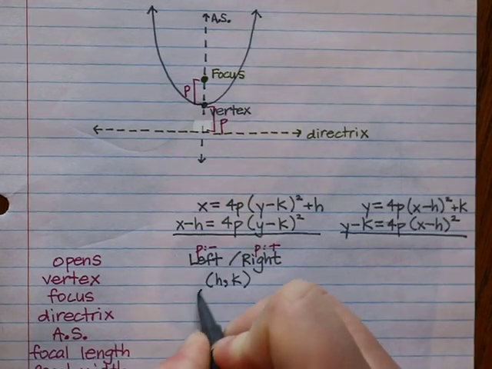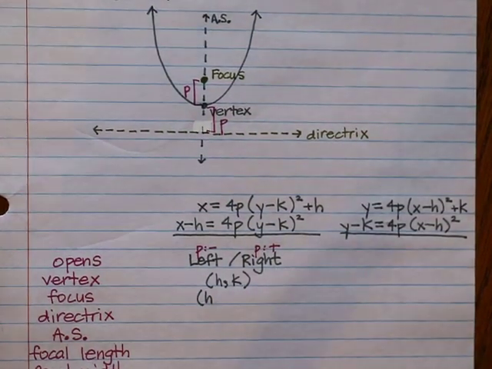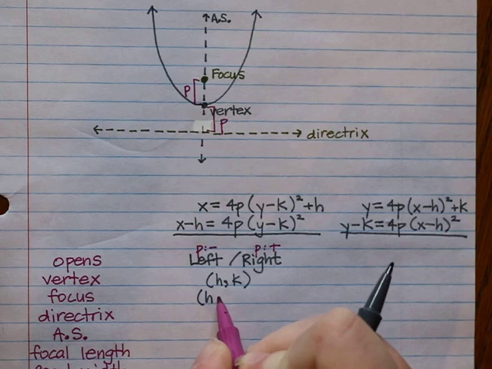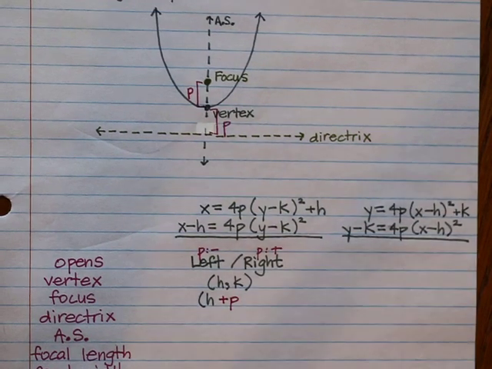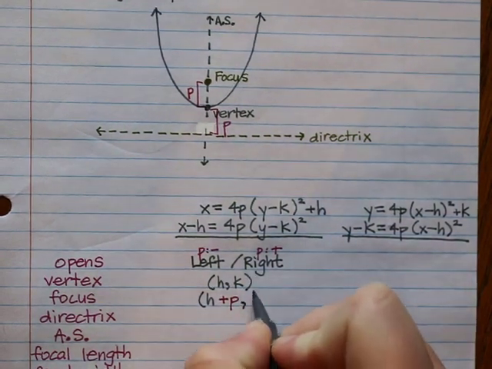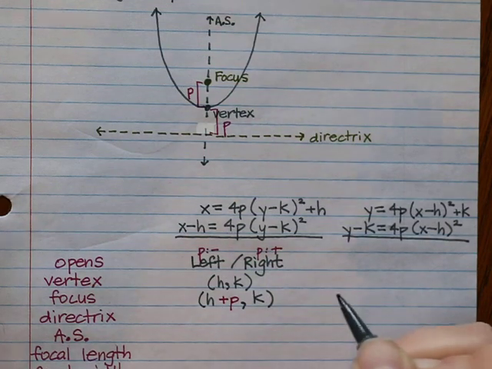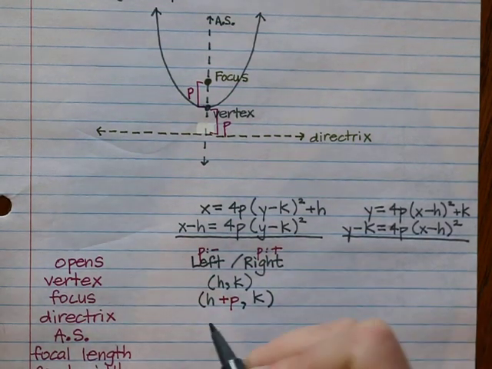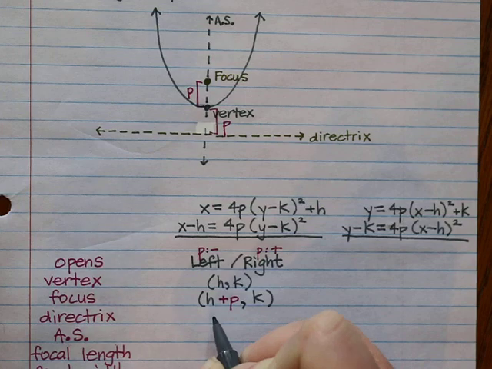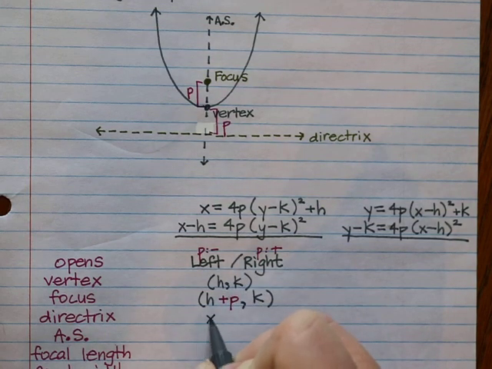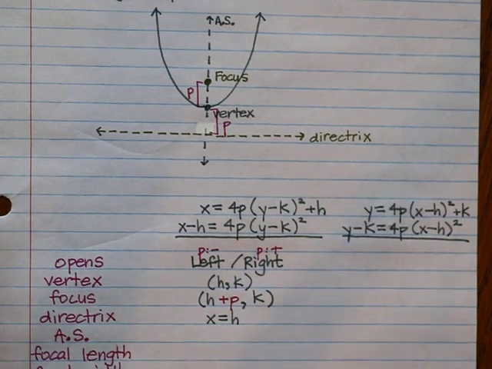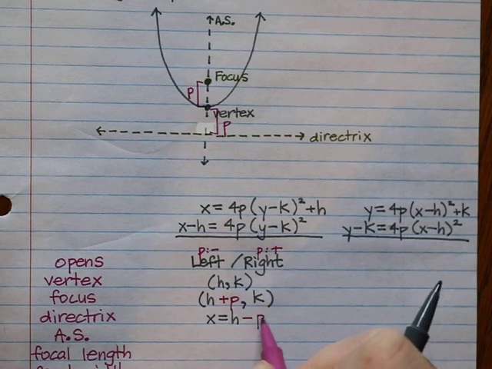So what we do is h, and then we're going to add p. And you're like, but what if we need to go to the left? Well, that means p is negative, and it'll totally take care of itself, I promise. The directrix goes outside the parabola, and that's where the minus p comes into play.